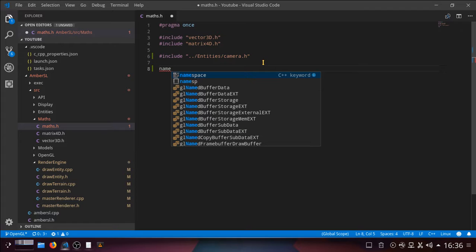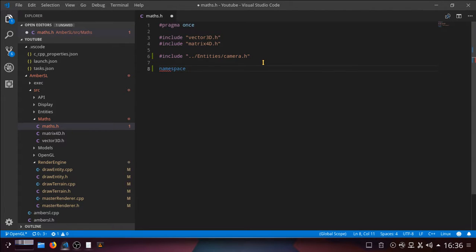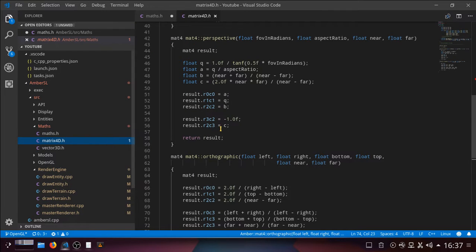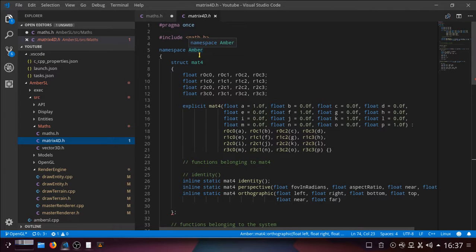Ooh. That's a very good thought, and I think I'm going to go with it. Namespace amber, which is all we did for our maths, isn't it? So if I look at matrix mat4d, all of this is only in amber.